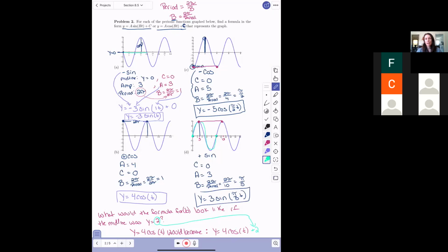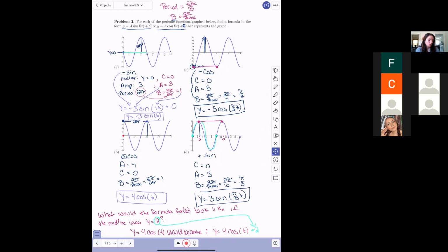Any questions on that? Quick question. If you change the midline, wouldn't the amplitude change? So the amplitude would not change because the amplitude is just the distance from the midline. In all of these examples, the midline is 0, so it looks like it's just where the max or the minimum are, but it's just that distance.